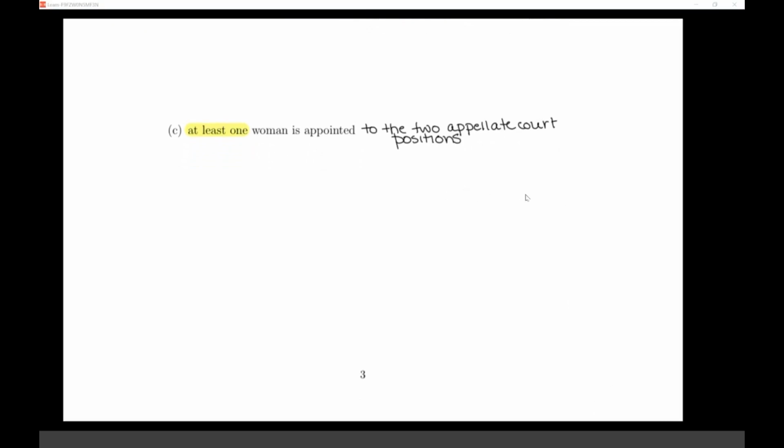Anybody have any thoughts? What would be a number of appointed women that would work, to have at least one?